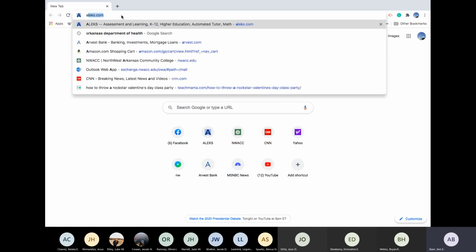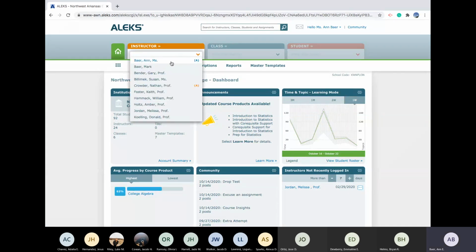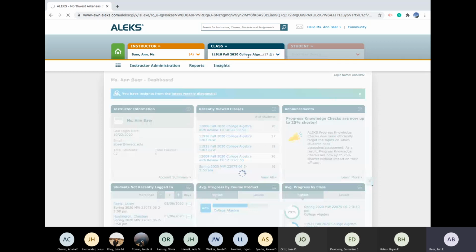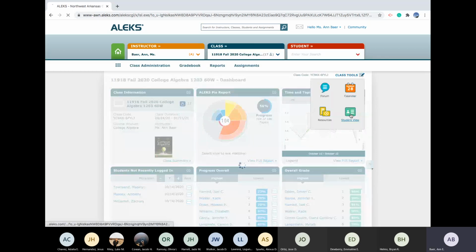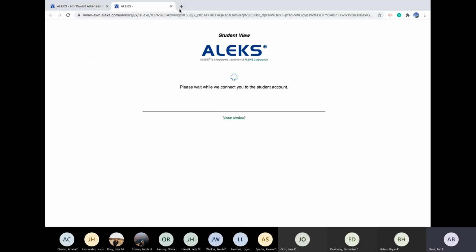So I'm going to go to ALEKS. I'm going to click on my name, click on the class I want, and I'm going to select this one. And then I'm going to go on into ALEKS, the student view. Oopsie.